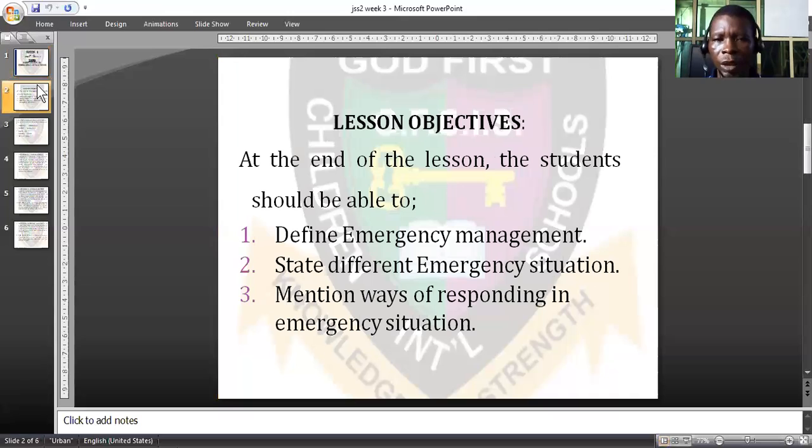At the end of the lesson, the student should be able to define emergency management, state different emergency situations, and mention ways of responding in emergency situation. One, define emergency management. Two, state different emergency situations. Three, mention ways of responding in emergency situation.